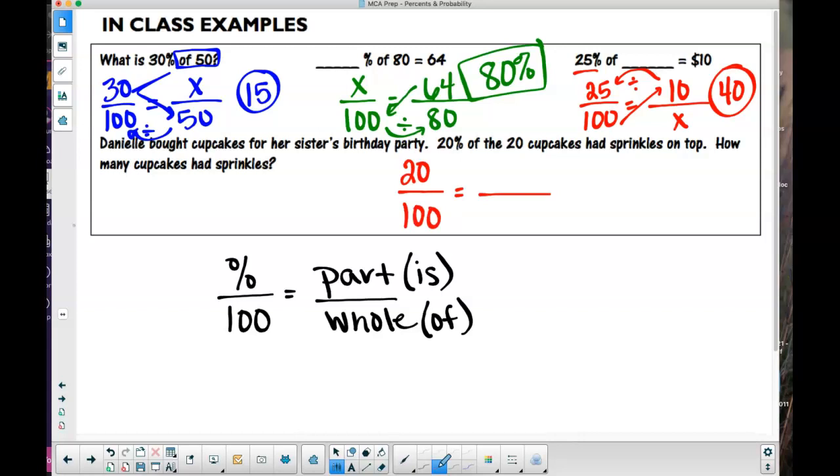Where should the other 20 go, on the top or the bottom? Bottom, because that's the total number of cupcakes. That's the whole amount. And so then we're going to solve this. 20 times 20 is 400 divided by 100. Did you get 4? So 4 cupcakes had sprinkles on it. Questions there?